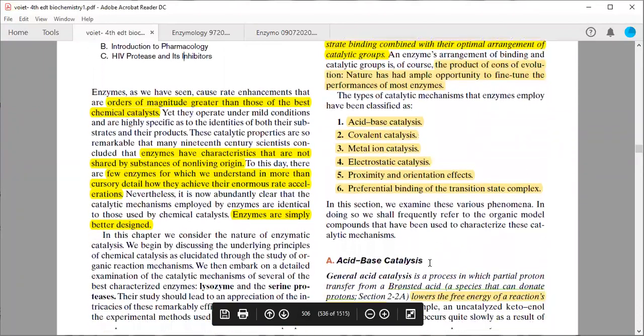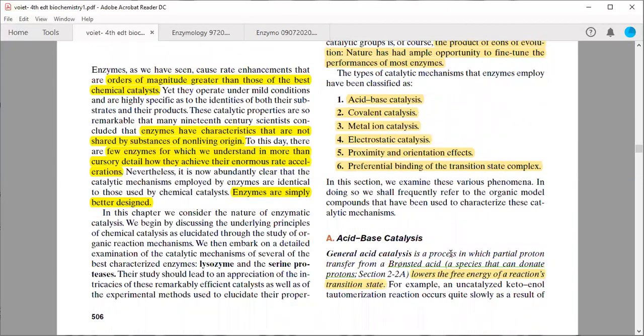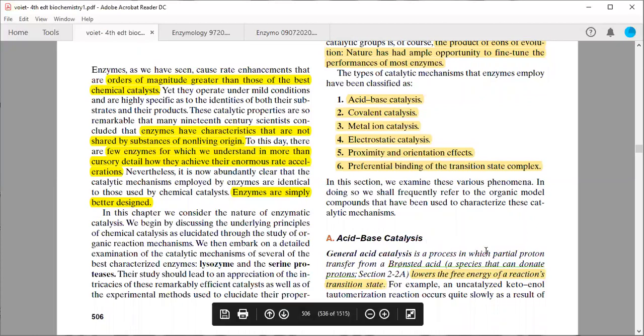Now we were discussing acid-base catalysis, the process in which there is partial proton transfer from a Bronsted acid or base. We have studied this term in our 11th or 12th Bronsted acid-base concept, and here also we are going to discuss the same.